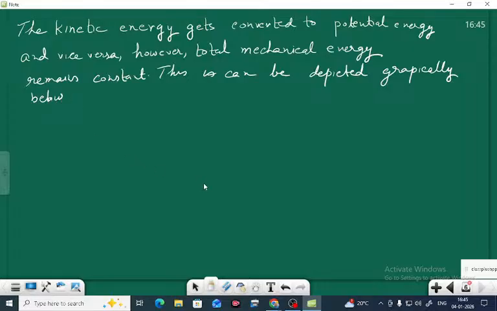You see how we are doing this one. Suppose this is the displacement, this is the equilibrium position, this is xm in the positive direction, and this is minus xm in the negative direction.